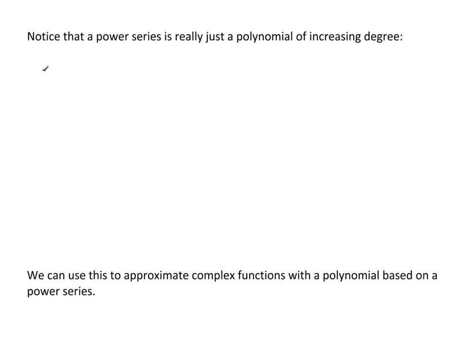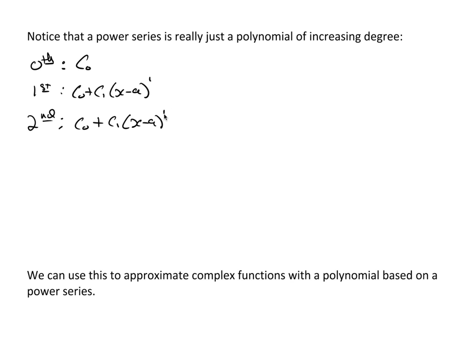So the 0th degree is nothing more than c0, where I started. The first degree is c0 plus c1 times x minus a to the first. See, this is a first degree polynomial. The second degree is going to be c0 plus c1 times x minus a to the first plus c2 times x minus a squared.